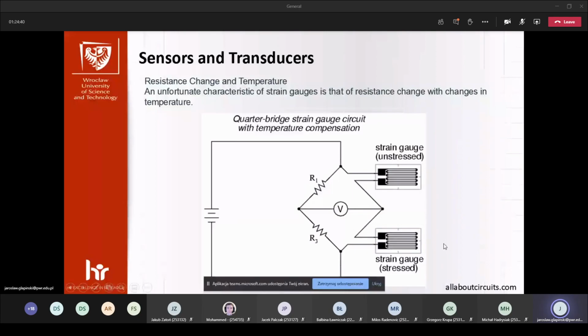To compensate for this, we add another strain gauge that is uncompressed.